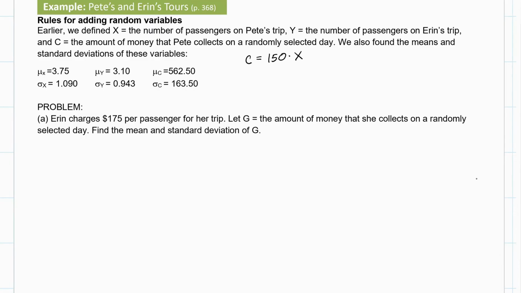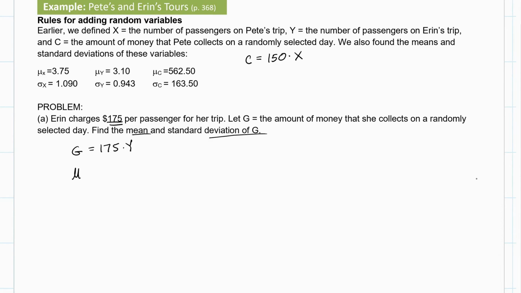So we can think of C as a random variable that's found by taking 150 times X. Aaron charges 175. So her amount taken in, G, could be found by taking 175 and multiplying it by the random variable Y. It says find the mean and the standard deviation of G.